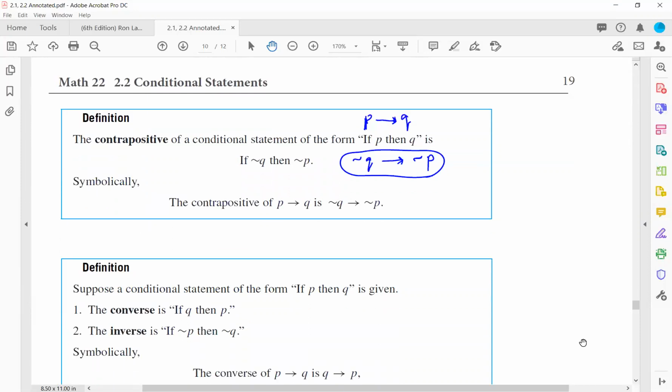Definition: suppose P then Q is a conditional statement. You can define the converse.